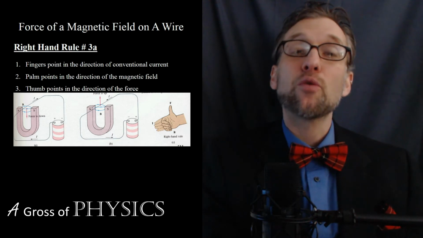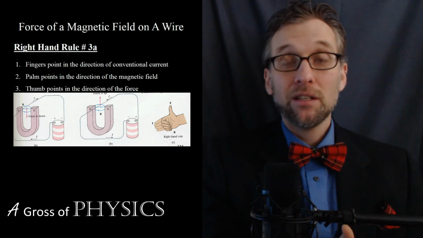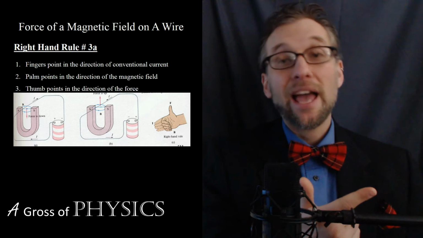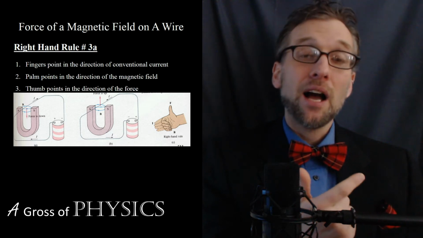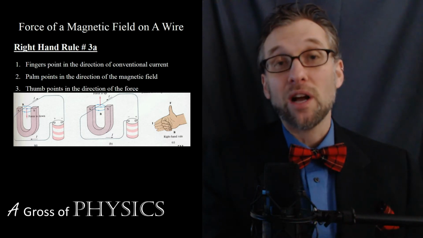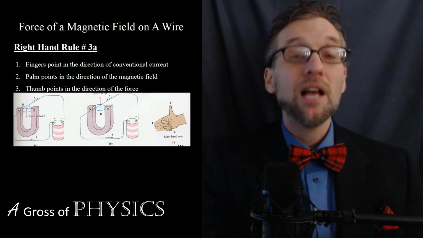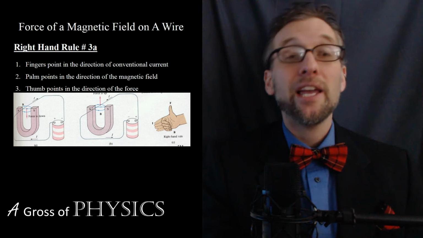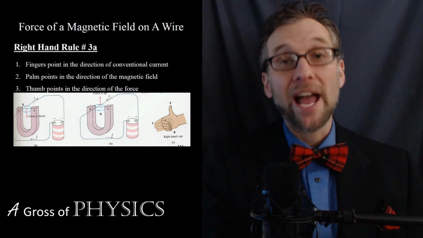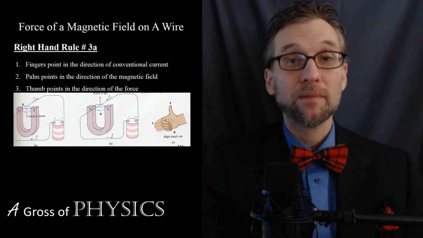So depending upon the direction of the field and the protons, you can find the direction of the force on the wire. And the wire would actually move within the field. It would just sit there normally, but as soon as I turn on the electricity, it would either move down or up depending upon that situation.